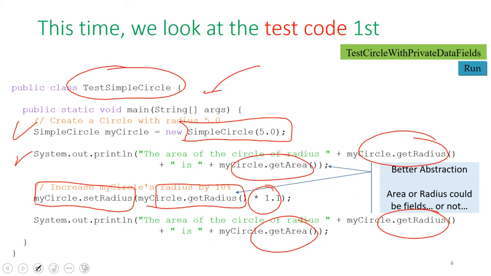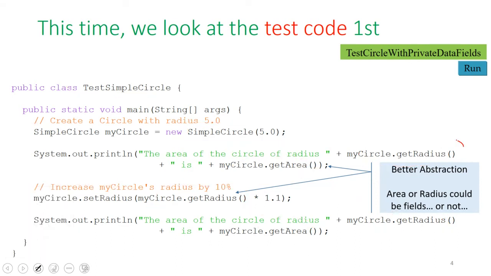A side remark: it's nice to have get and set methods everywhere. It's a pain in the rear to write them, I'll give you that. But now I can call getRadius and getArea to get respectively the value of the radius and the area, and I don't even care which one is an attribute.